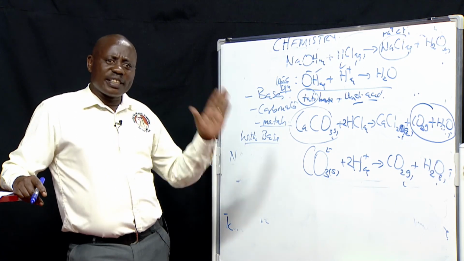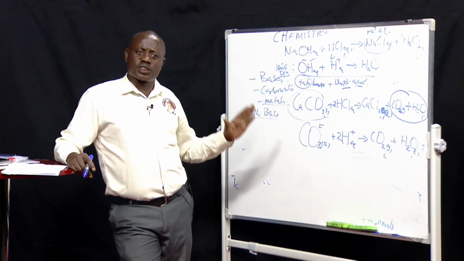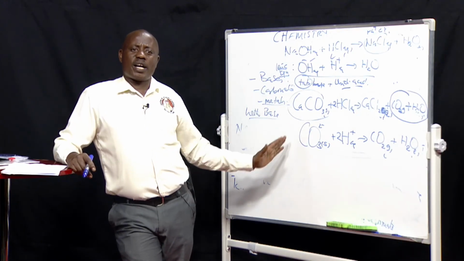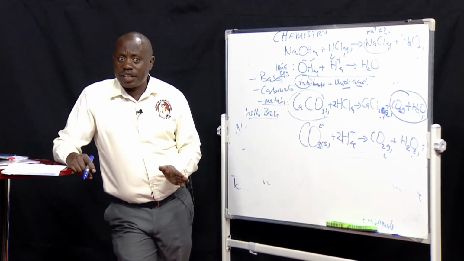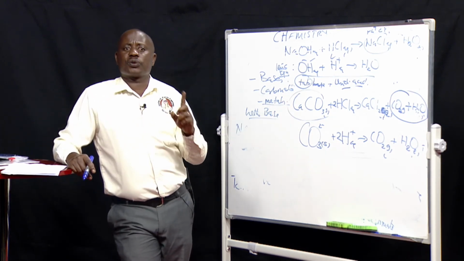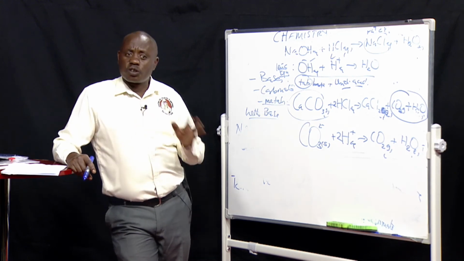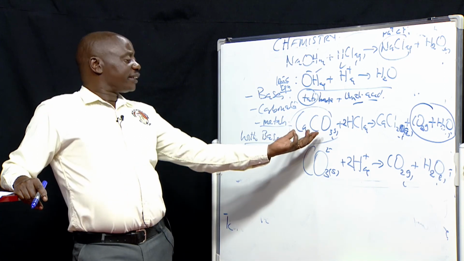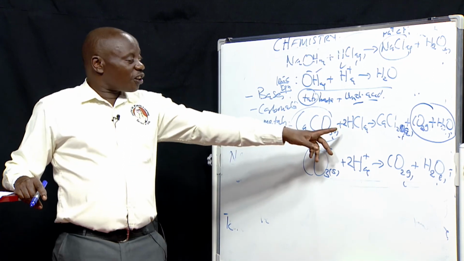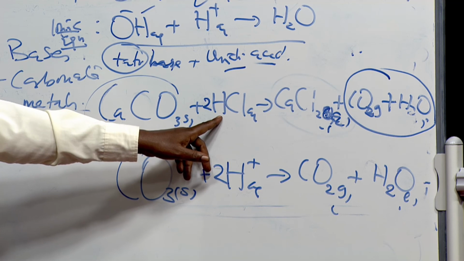But at the moment, most of the carbonates we use in the lab at this level are white in color. And they are powder in form except sodium carbonate crystals. The rest of the carbonates are anhydrous. So this white powder dissolves in the acid.